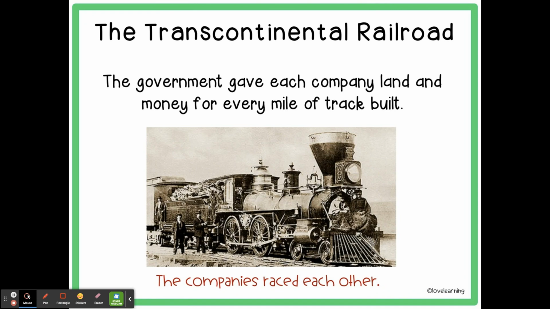The Union Pacific and the Central Pacific are wanting to work against each other to really speed up this process because they could get more land, which means they get more money because they are getting a lot more money for every mile of track they build. So one company wants to outbuild the other in order to make more money. The only thing that you need to write down is this red sentence: The companies raced each other.